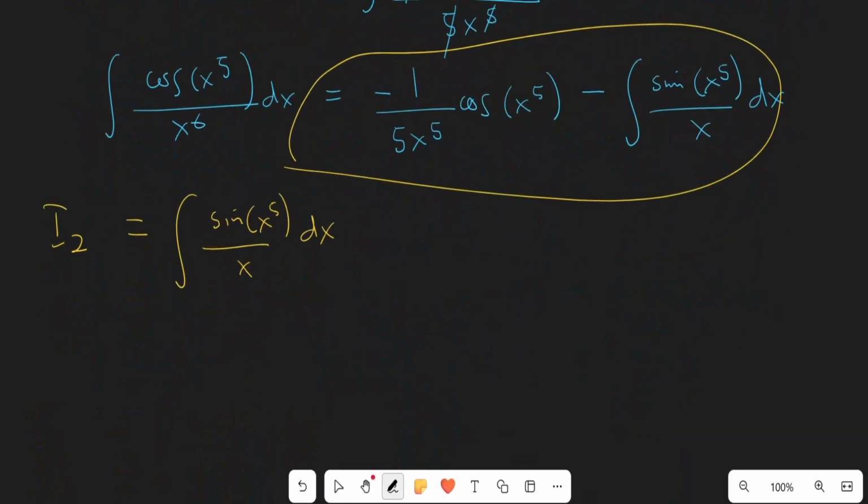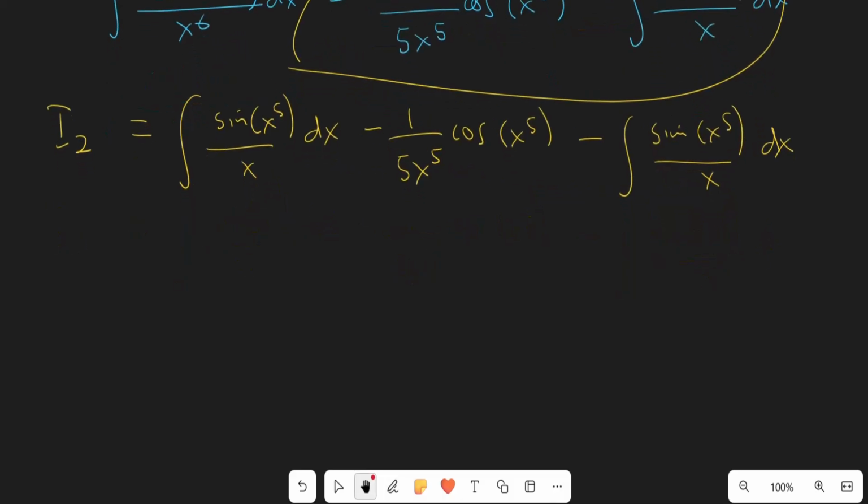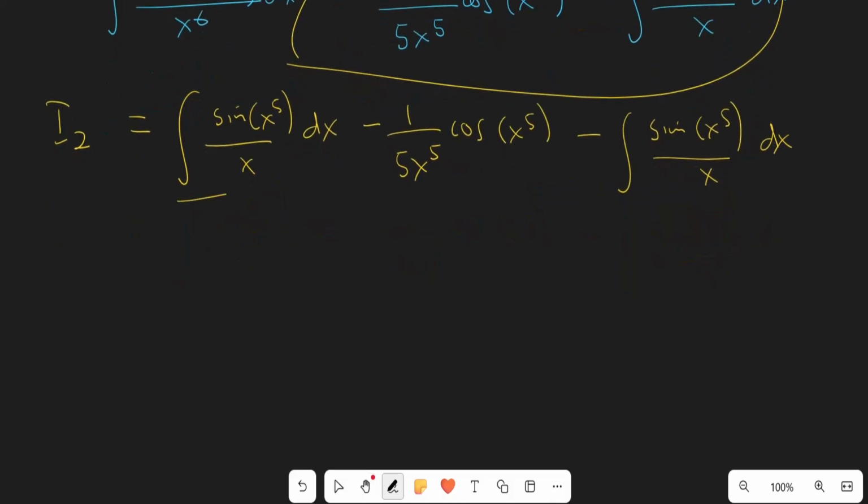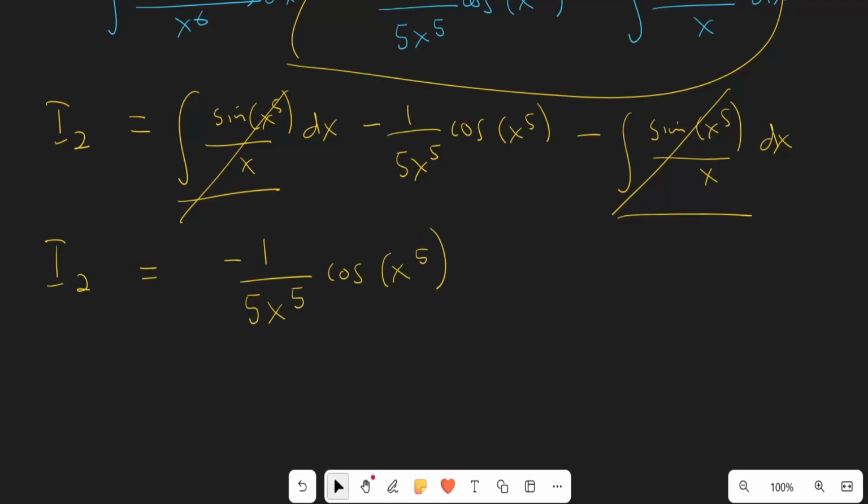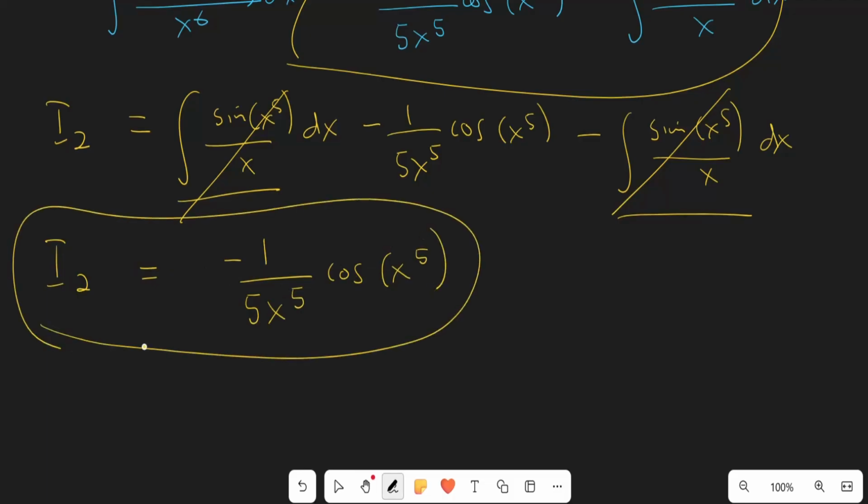So that is going to be minus 1 all over 5 x to the power 5 cosine of x to the 5 minus the integral of sine of x to the 5 all over x dx. With this one, we can see that this one and this one are the same, so they cancel out, and our I2 evaluates to become negative 1 all over 5 x to the power 5 cosine of x to the 5. So this is the value of our second integral.